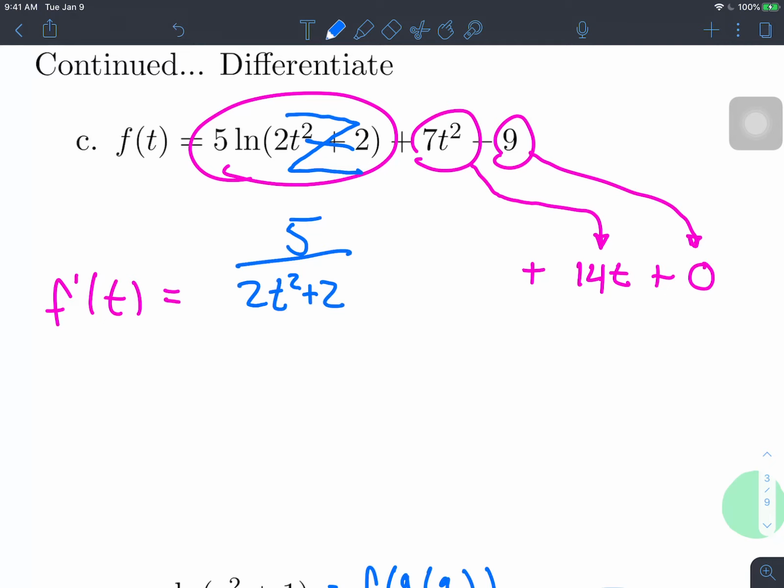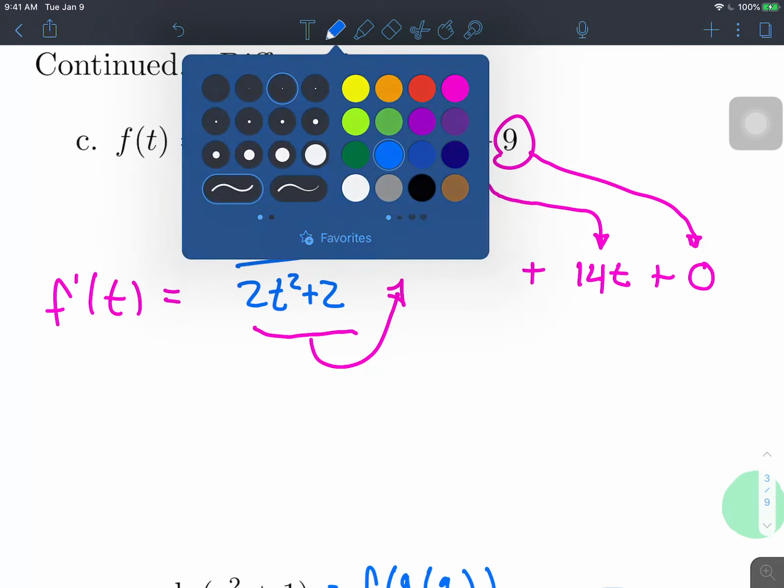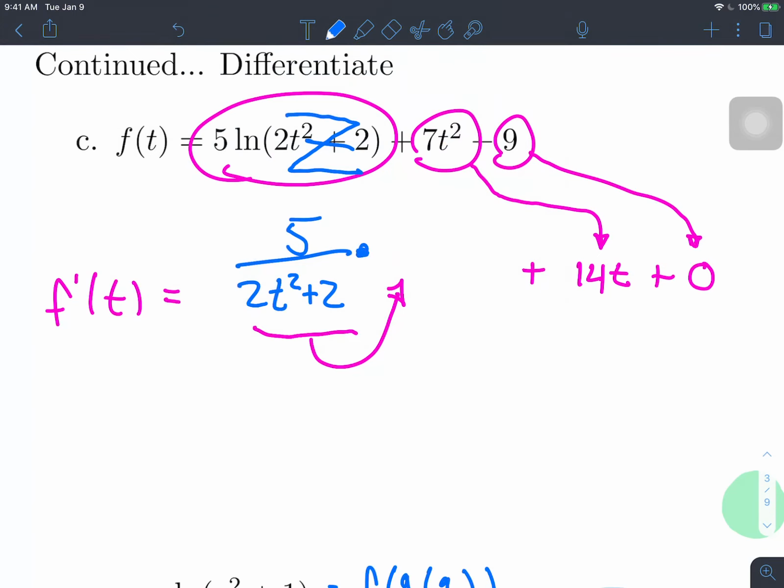And now I need to remember that I should chain rule out the derivative of that function z, because z is itself a function. So what should go in this blank spot here? We should multiply by, yeah, 4t. Is that the same thing that you had? Yeah. Okay, great.